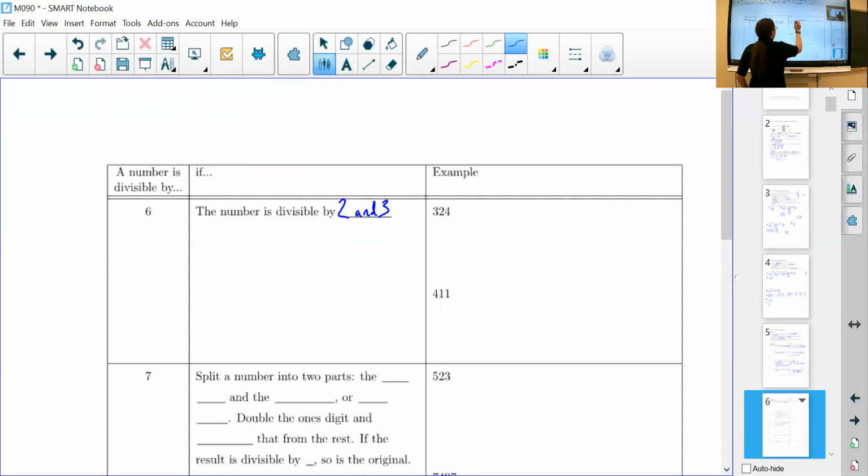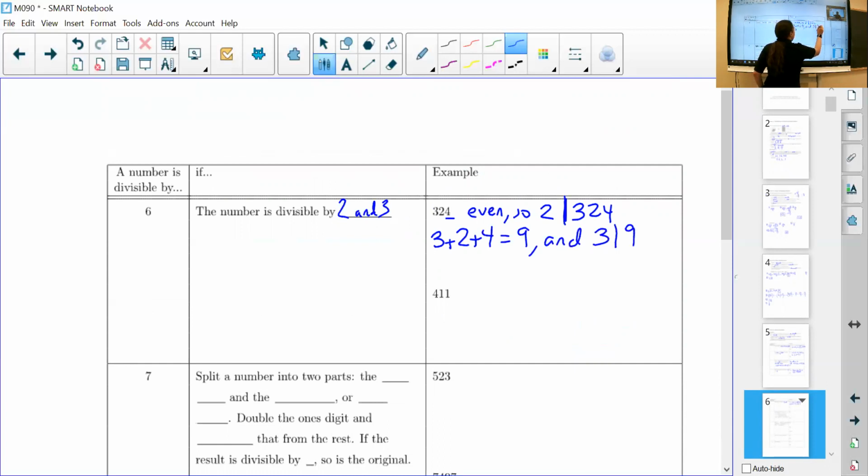So 324, I'm going to notice that 4 is even. So 2 divides 324. 3 plus 2 plus 4 is 9. And 3 divides 9. So 3 divides 324.